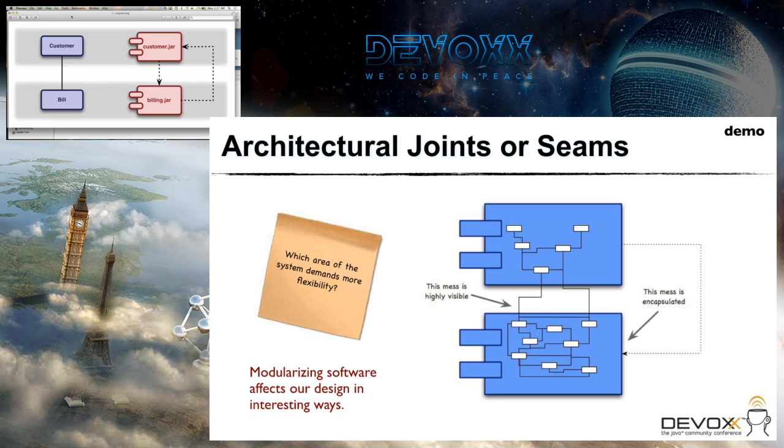And what's interesting is that when I begin to design modular software, and many of you might be sitting there thinking, you know what, Kirk, you're talking about jar files, designing modules, how we go about packaging our software system. Yeah, that's what I'm talking about. But what's interesting is it really has the ability to affect our design in very, very interesting ways.